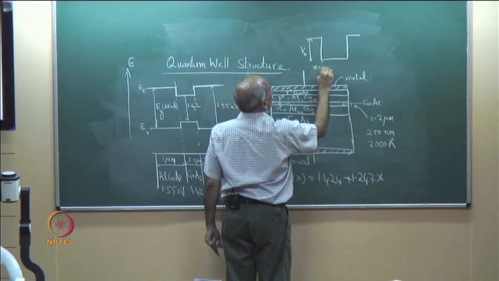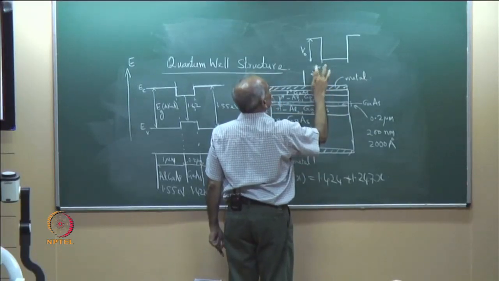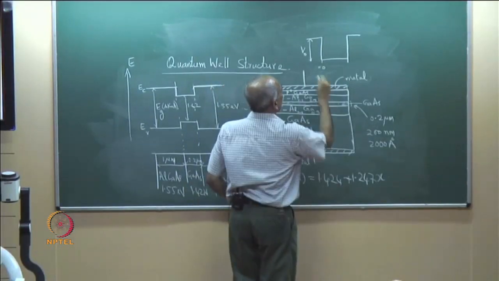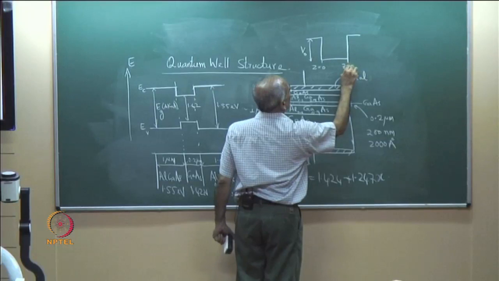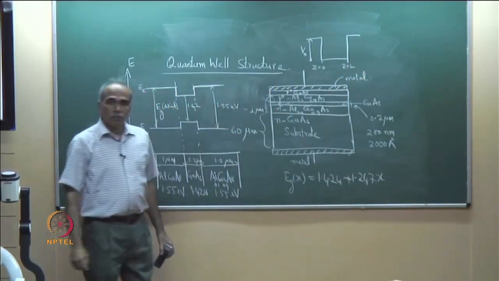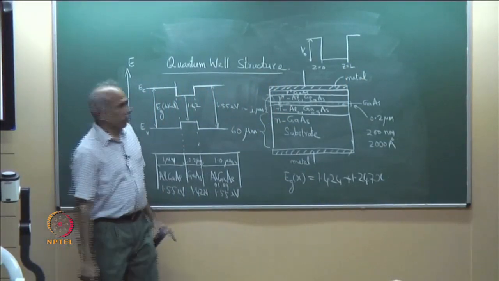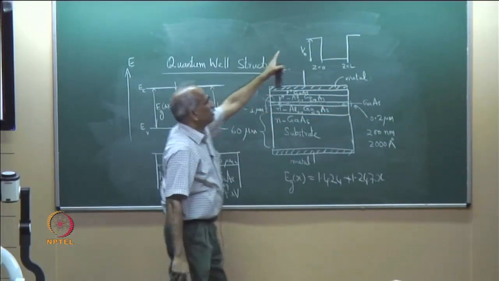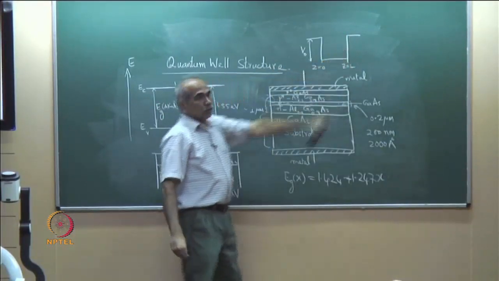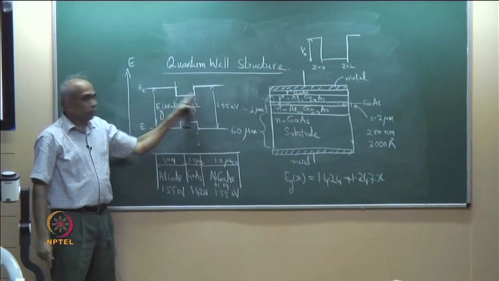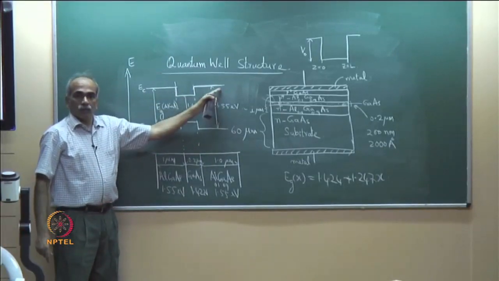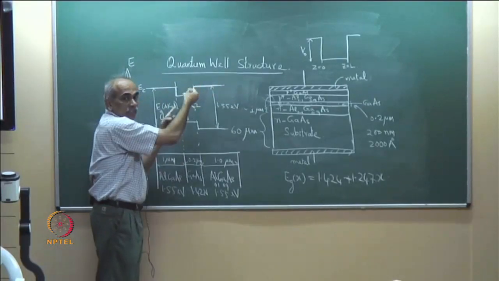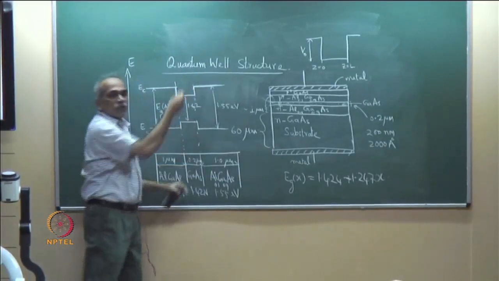So, let us say x equal to 0 or z equal to 0. If it is an infinite potential, then this goes continuously. Otherwise, this is a finite potential well. So, what you have here is a potential well, and this well is quantum well. This is the potential energy variation, potential energy well. So, that is the quantum well.